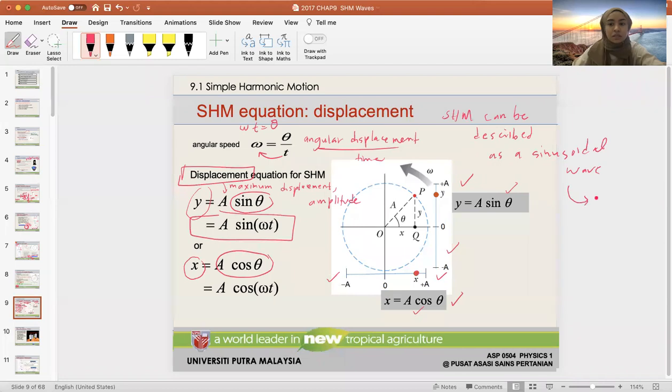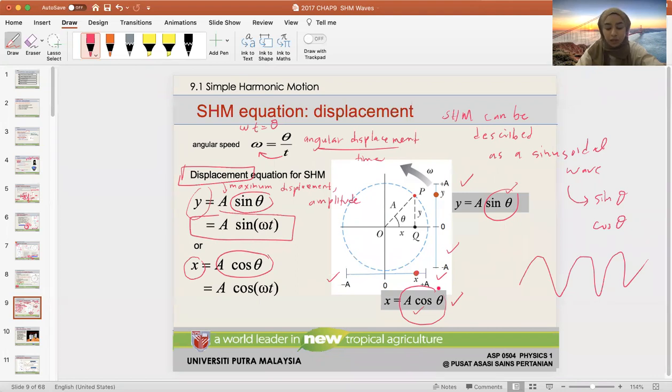It just means sine or cosine theta. SHM can be described as a sinusoidal wave, which is why when we write the equation for displacement y, we use the sinusoidal equation, sine. And for x, we also use cosine theta because it's just how it is. We will see how that looks in graph form later.